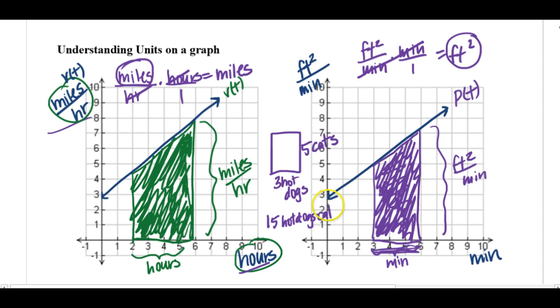I know that's weird, but I need you to get past using typical units and typical variables like x and y, and those really familiar algebraic expressions, because we're going to start looking at things that are a little bit different that happen in the real world. Not that we ever multiply hot dogs times cats, but just to get past the really common things like just feet, or feet squared, or feet cubed.